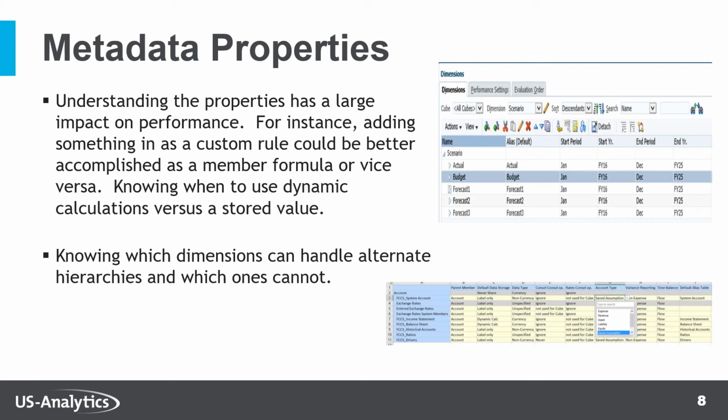Another big thing is that not all dimensions can handle alternate hierarchies as well as others, or even dynamic calculations. While you have the ability and option to do it, it's not necessarily best practice. And those are the types of things that a lot of the early implementers and early adopters kind of suffered through. Just not understanding why, while technically, yes, I'm getting the correct value, why does it take 45 minutes to get there?